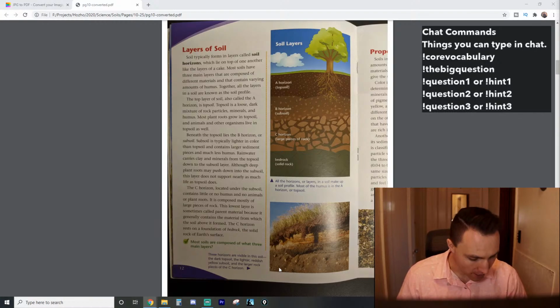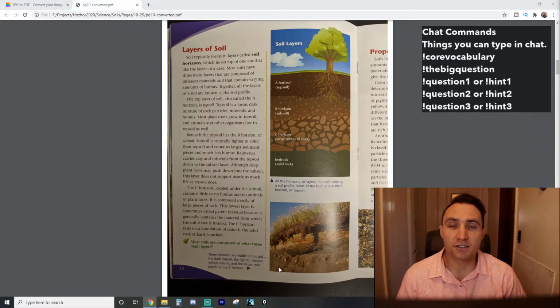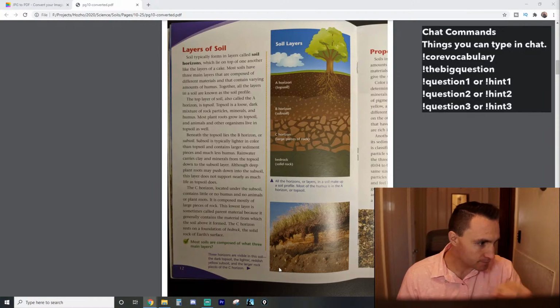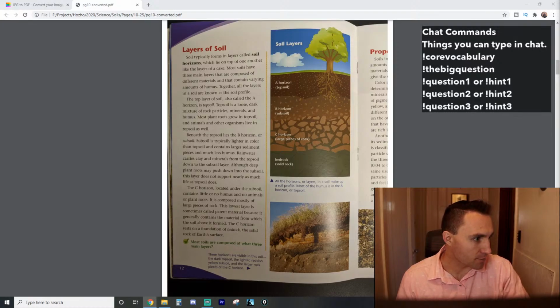Referring to the word horizon, let's make a connection, all right? So what do we usually mean by the word horizon? When someone says, look out to the horizon, what are they referring to? That's question 1. Looks like Scotland already put the questions, or Caden put question 1, and Scotland put hint 1. And then Caden put question 2.